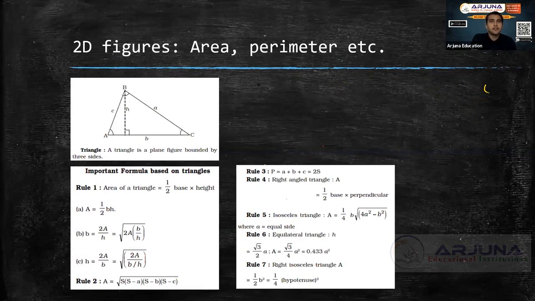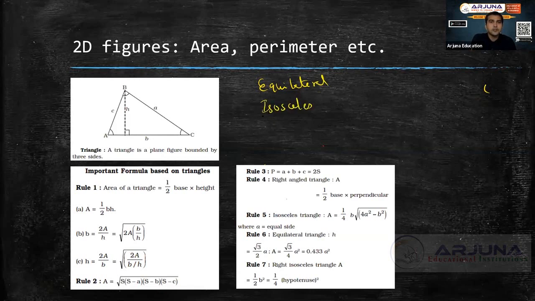First is equilateral, where all the angles and all the sides are equal, right? And we also have isosceles triangle, where two sides and two angles are equal.